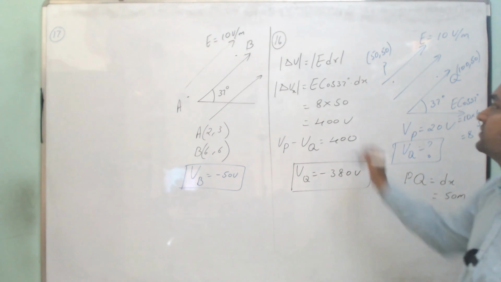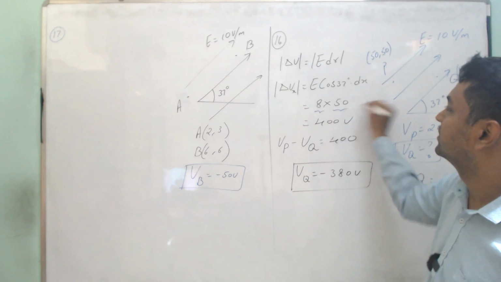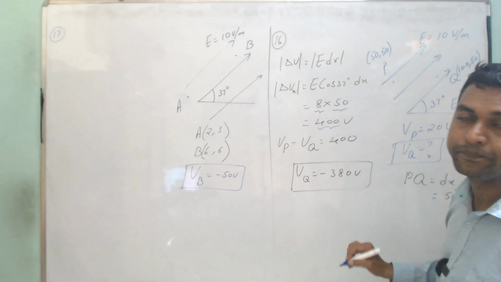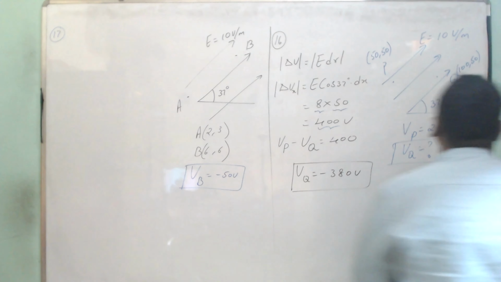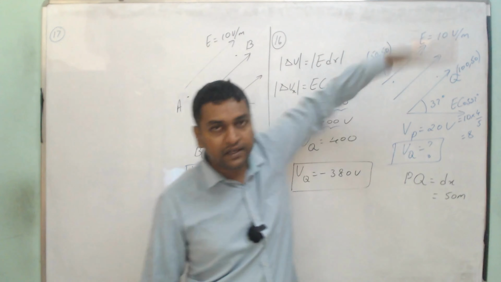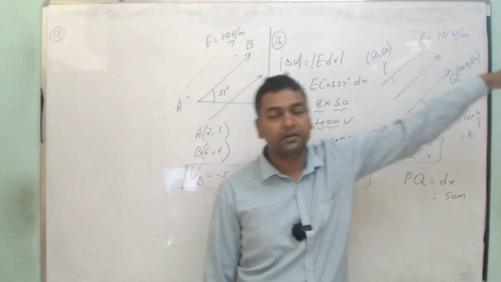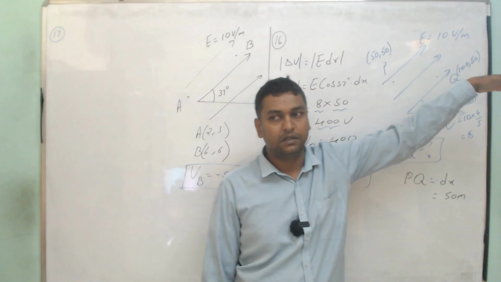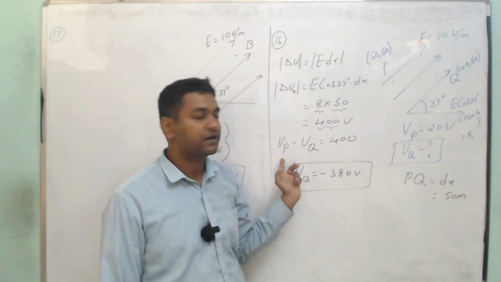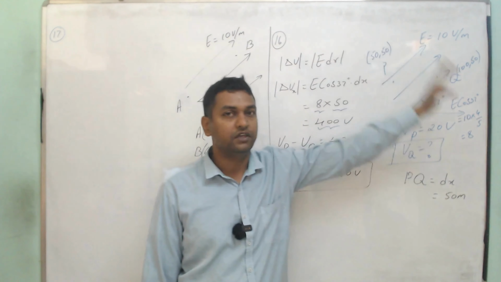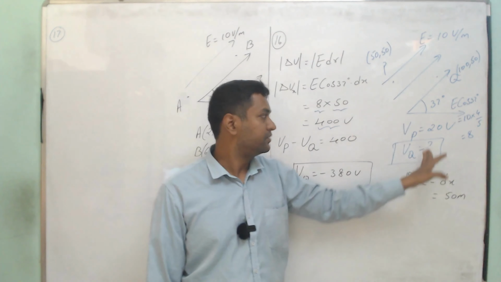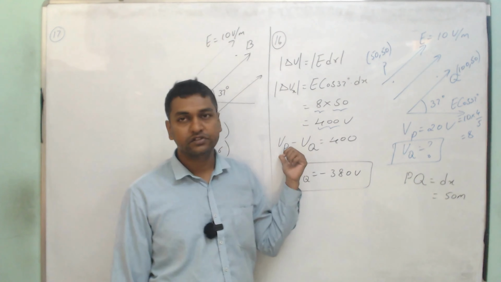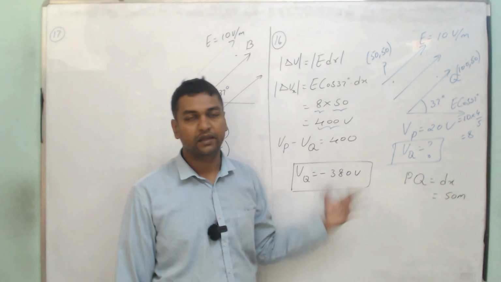So 8 into 50 is 400, and the component of electric field Ex is from left to right. Therefore, I can write it as Vp minus Vq is equal to 400. Vp is given as 20 volts. I can get Vq.